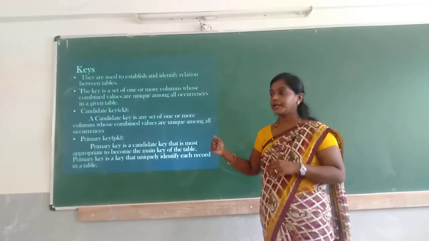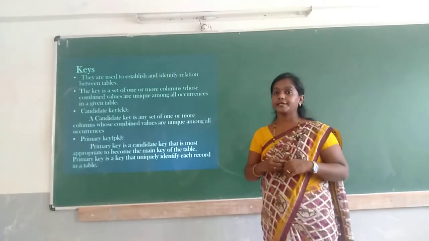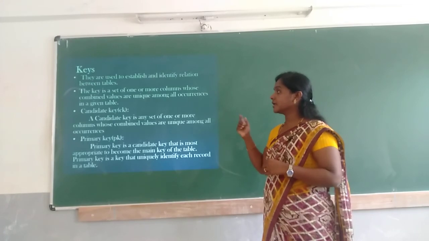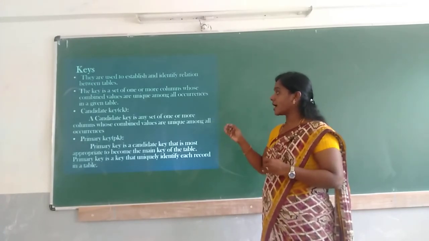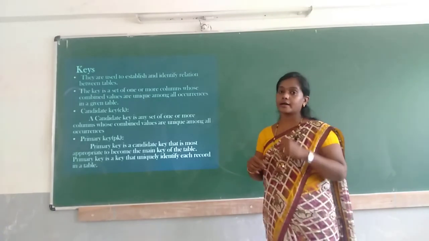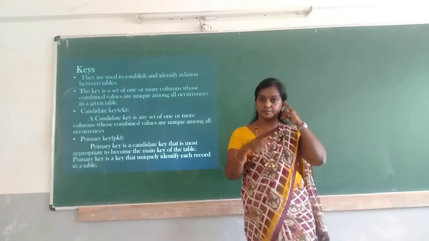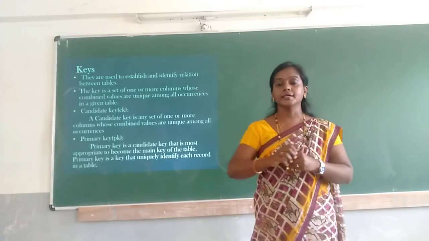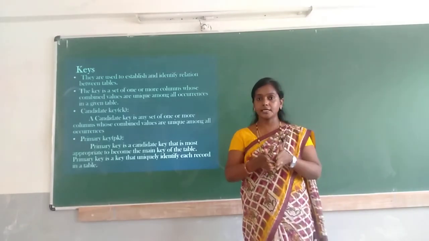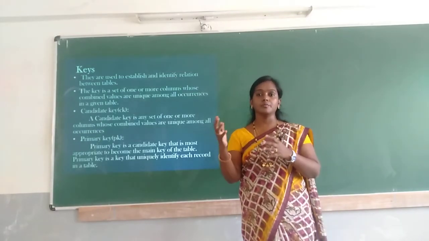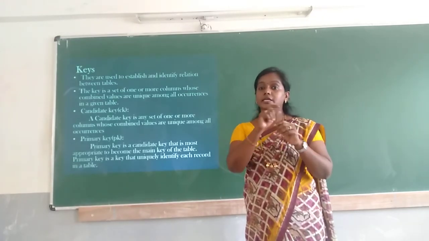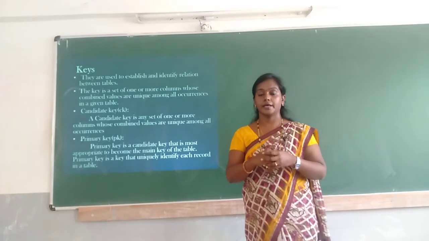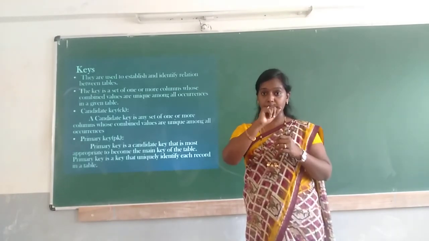One is a candidate key. So what is this candidate key? A candidate key is any set of one or more columns whose combined values are unique among all the occurrences. So a candidate key means either a single attribute or two or more attributes combined together so that each row is unique from the others. Okay, that means there are no repeated values.